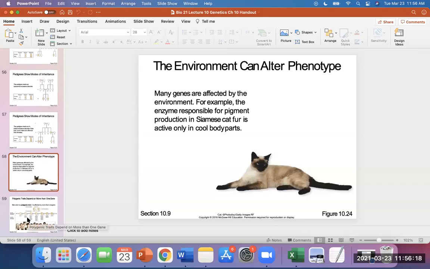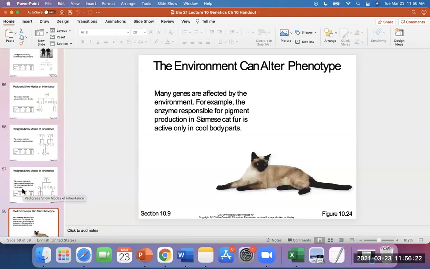And then the last thing you have is polygenic. What is polygenic? Can you give me an example? Poly means multiple.